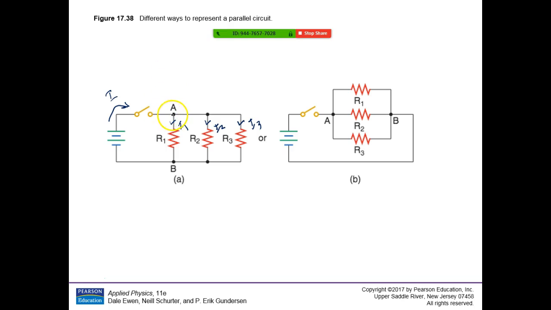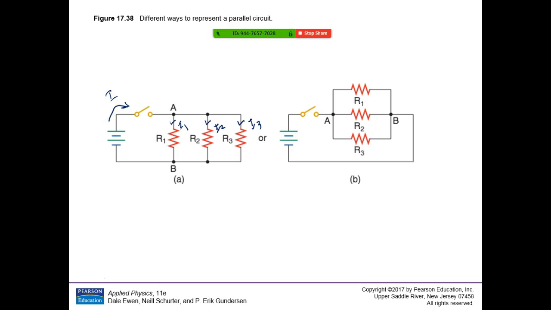Because at this node, some of the charges go this way, others keep going here. Some of those break off and go here, the rest of them go here. So you have three different currents here, one voltage supply, okay? And these three currents add to be your total current in the system, okay?